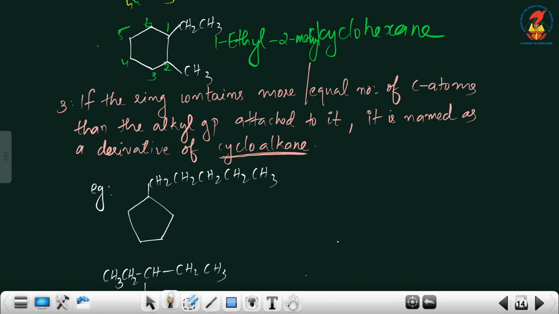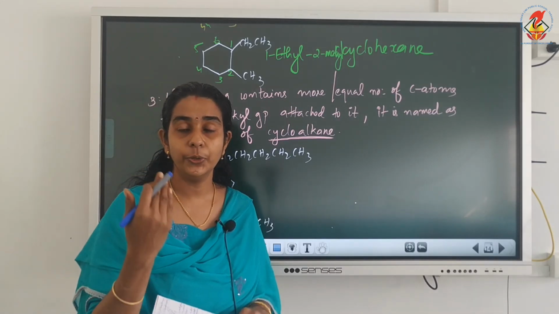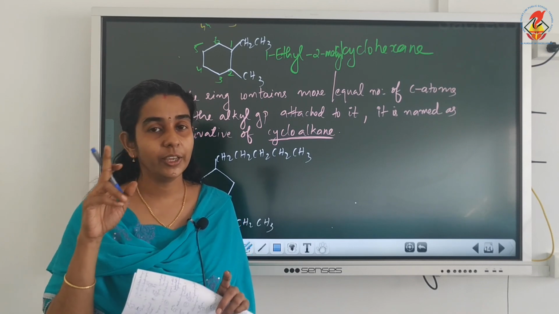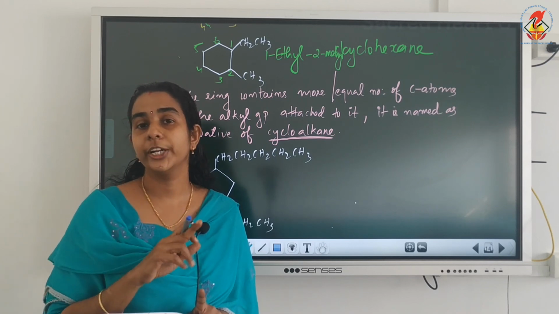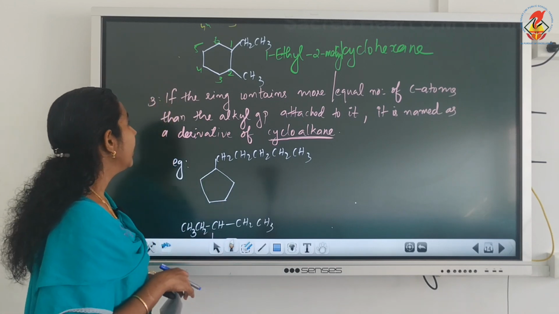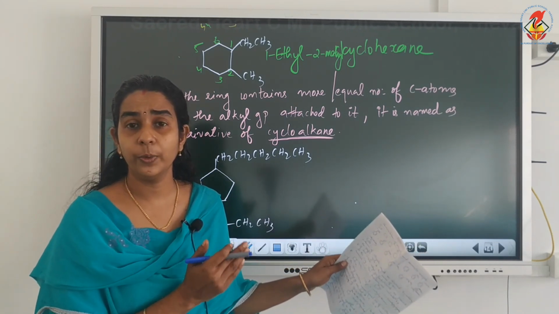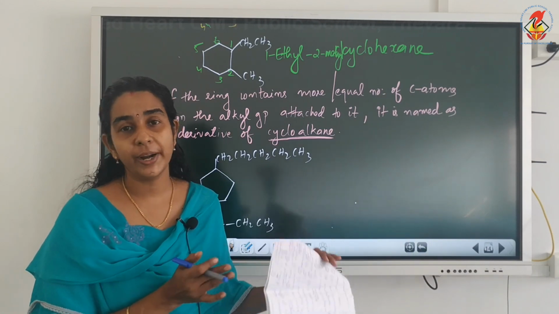First point that we have to see: when we do the numbering of an alicyclic ring, we have to give numbers either in the clockwise direction or in the anti-clockwise direction. Now, here we have seen a ring with alkyl groups as branches.